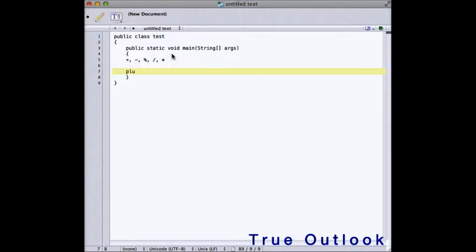Plus. Start a new variable, int, which is called plus, is equal to 5. So now the new one, we can go plus is equal to plus 5.